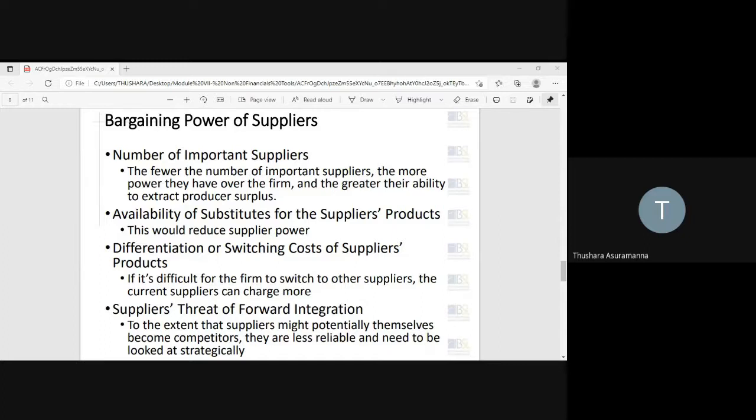If you take yourself as an example, you might be doing some garments, for example, or say furniture manufacturing. And you provide that to, let's say, Odell, or to some interior company. Now, instead of doing that, you will start the interior company yourself.